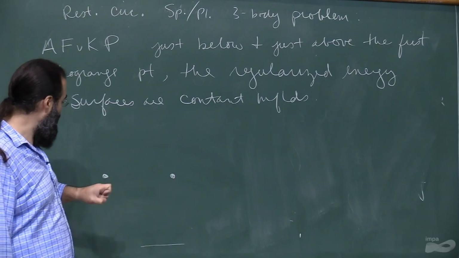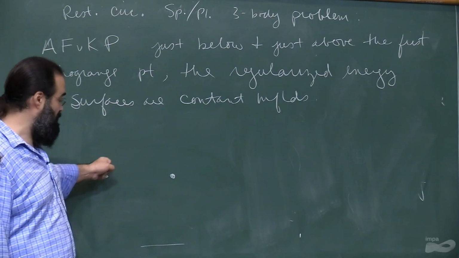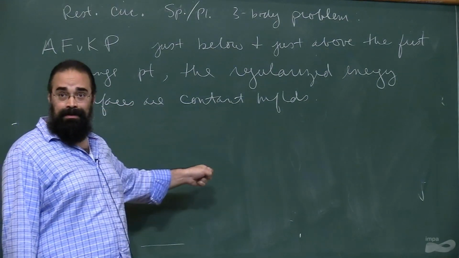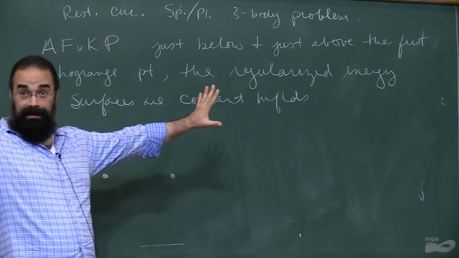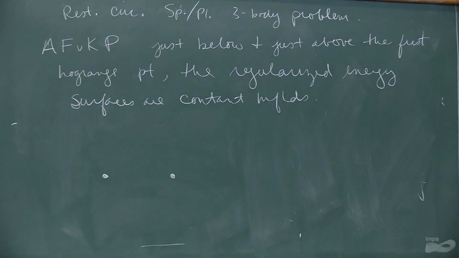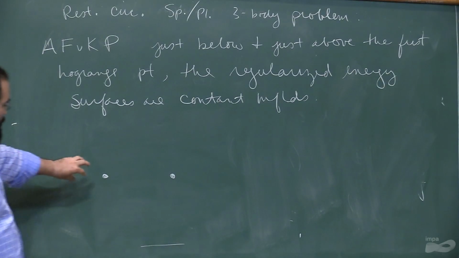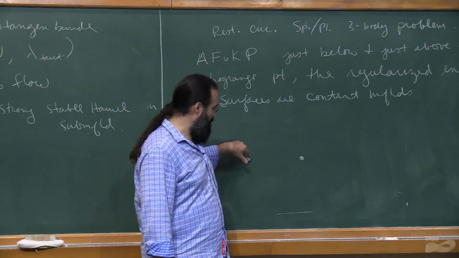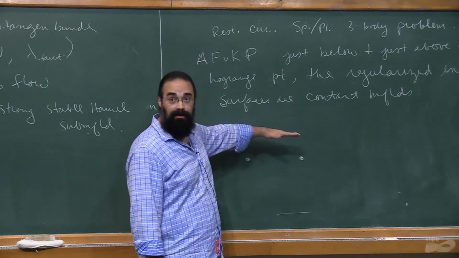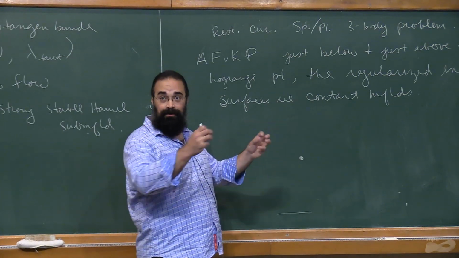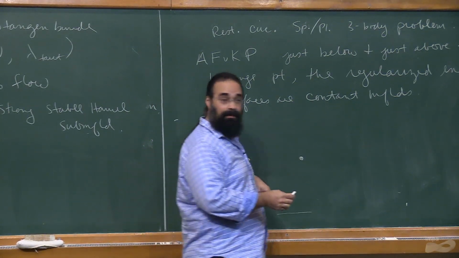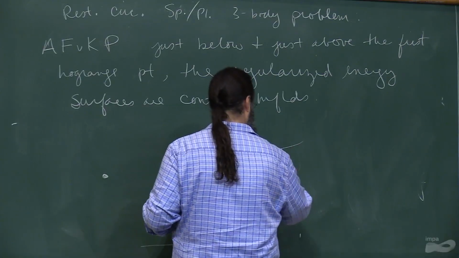For very low energies, there's kind of three possibilities. We could be staying around one massive body, staying around another massive body, or not be near either of them. If we're considering these compact regions where we're staying around one massive body or another, as we cross that Lagrange point, now these manifolds look like we get a connected sum of two manifolds.